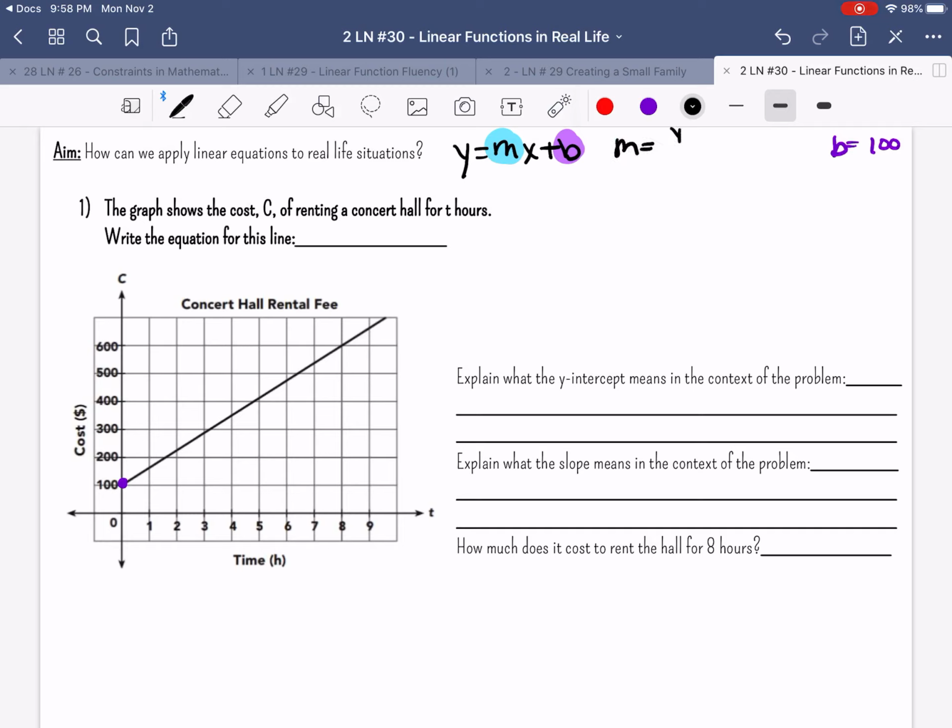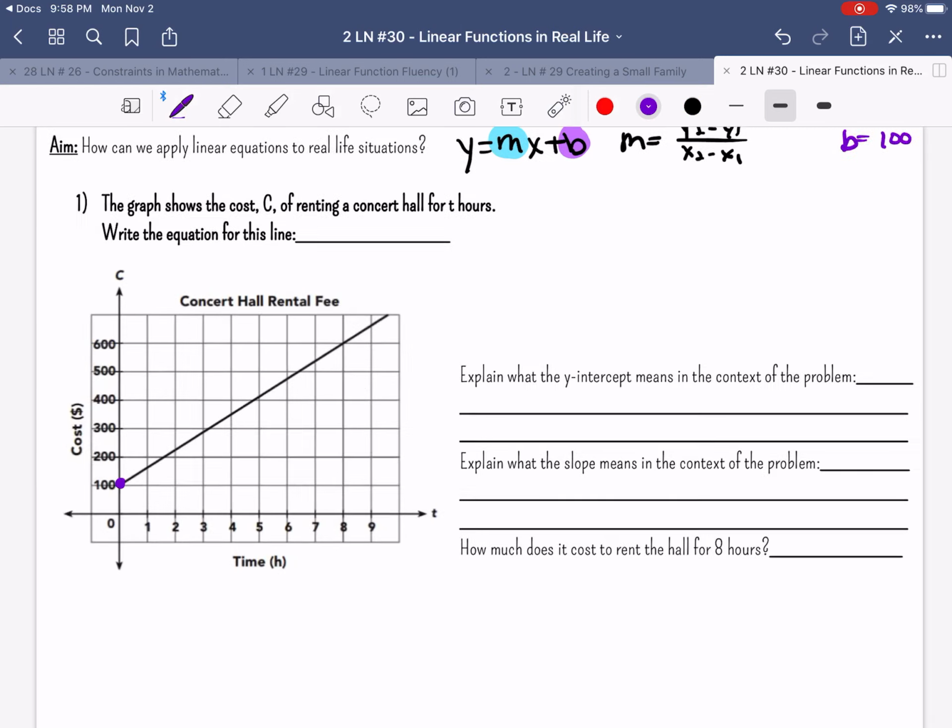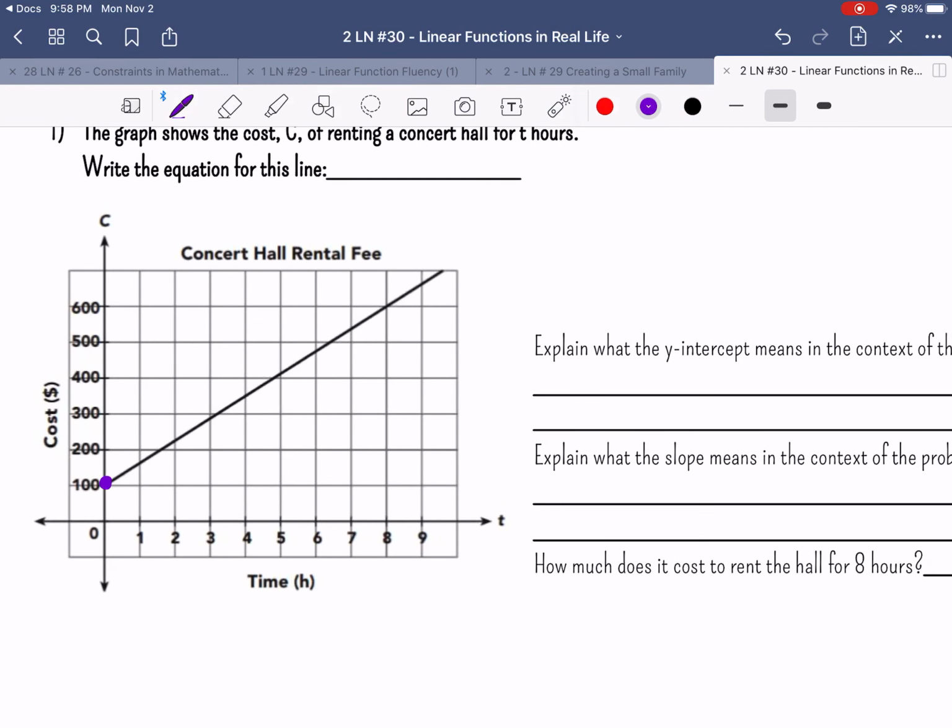To find m, we'll do y2 minus y1 over x2 minus x1. So we can use the y-intercept as one point because we have that. And there's actually only two clear cut points on this graph. The rest of them cut weirdly through the graph.